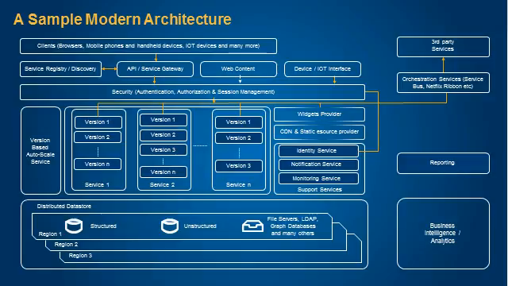Now, apart from the core services or the business services in this picture, there are also supporting services. Some of them include the identity service, which in itself is an auto-scaled, self-managed service. There are notification services. There are monitoring services, which internally monitor their own status and also the other services' status.